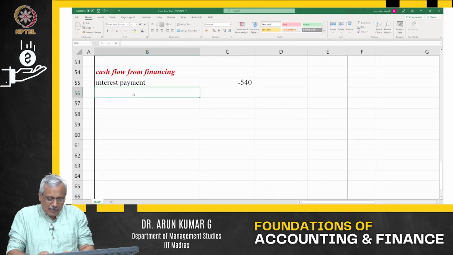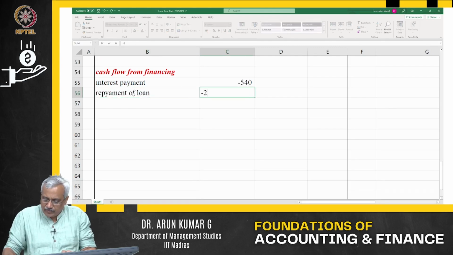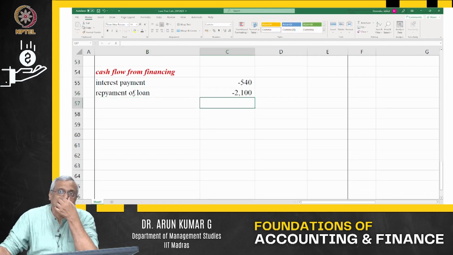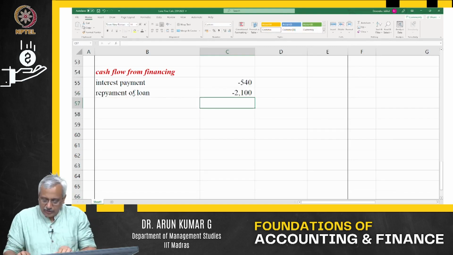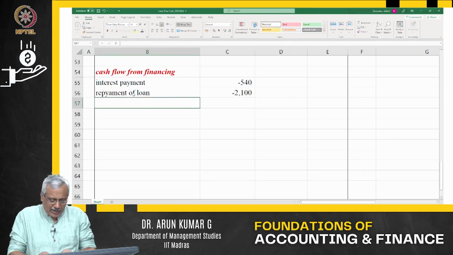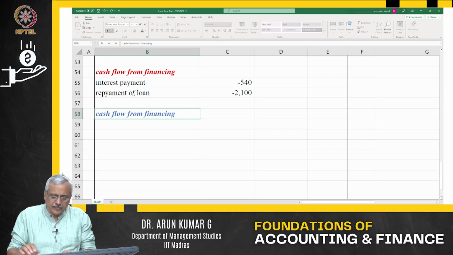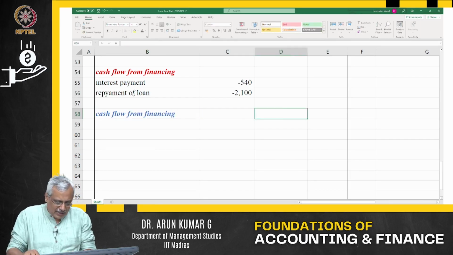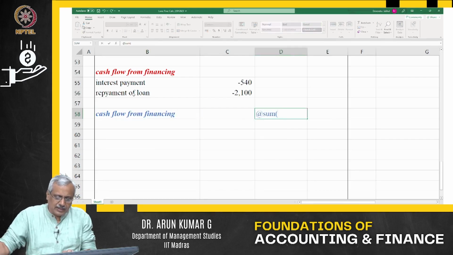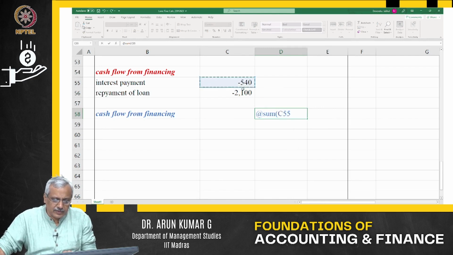That is repayment of loan. How much is repaid? 2100 is what is repaid. That is a cash outflow. There is no inflow. So in this particular case, cash flow from financing activity is how much? It is again a sum of this and this.